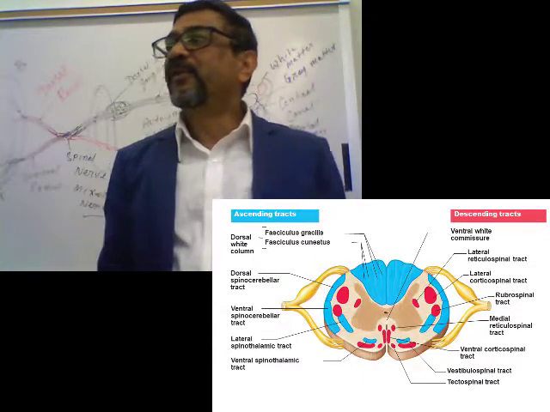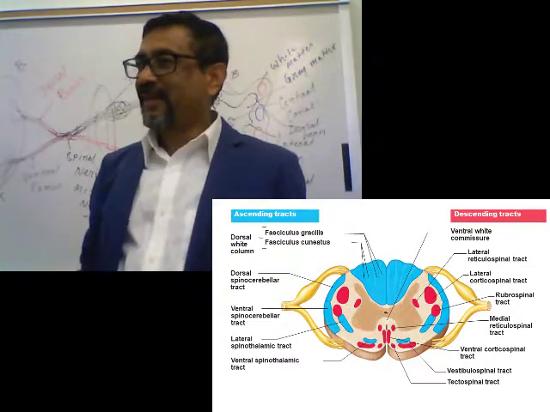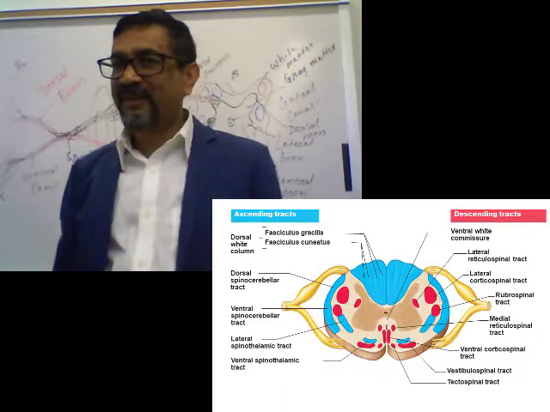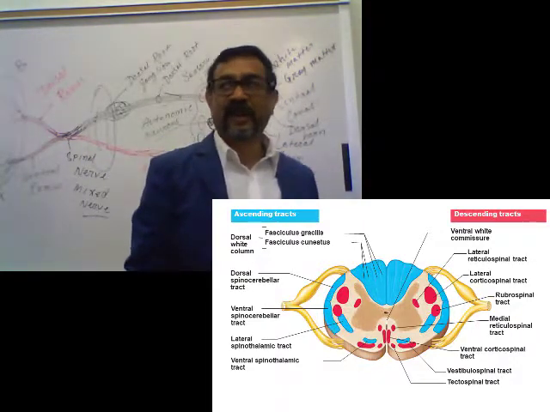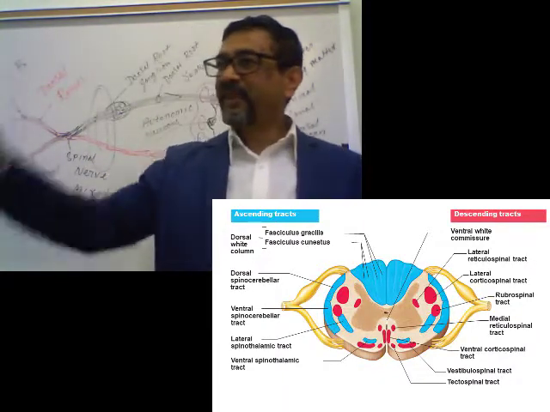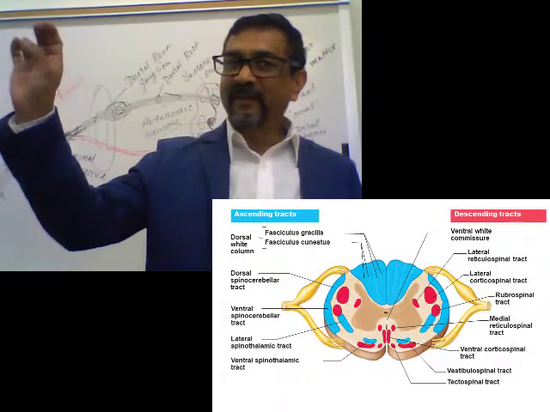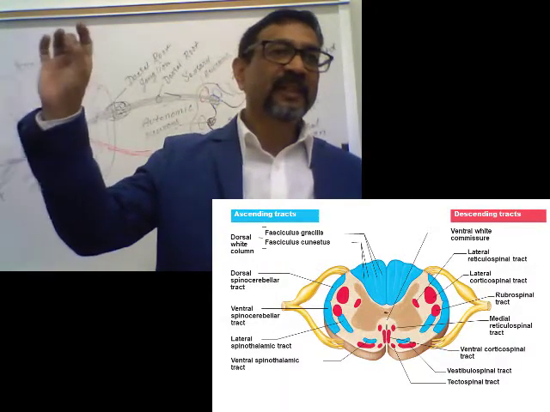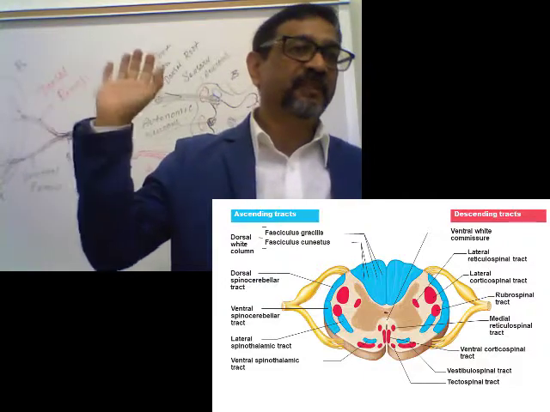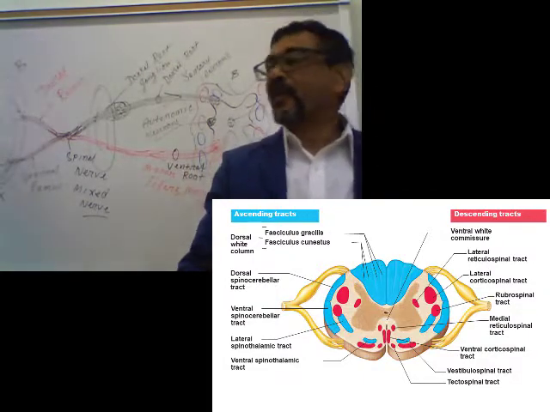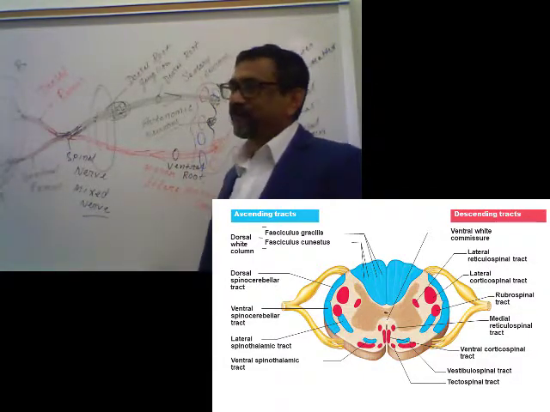So those sensory signals are taken to the thalamus or brain by the spinothalamic tract. Which signals? Pain, temperature, and soft or fine touch. Make sense? Spinothalamic.